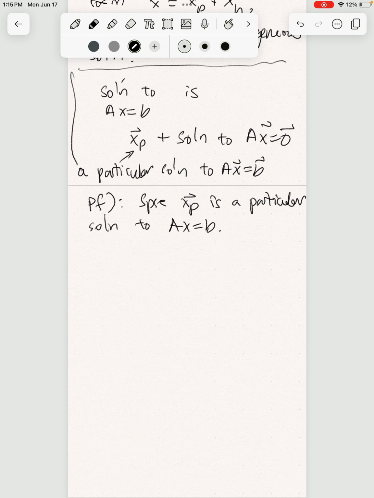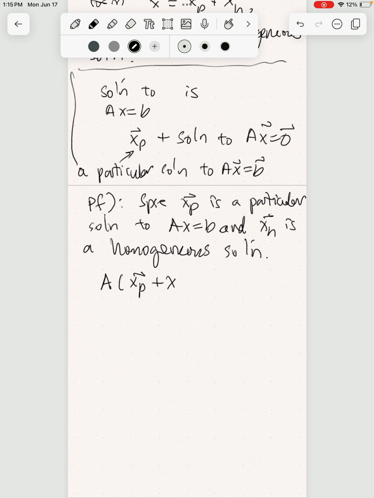So suppose that xp is a particular solution to Ax equals b, and xh is a homogeneous solution. What happens if you do A times xp plus xh? You take a homogeneous solution, you take a particular solution, you add them together, you get xp plus xh.